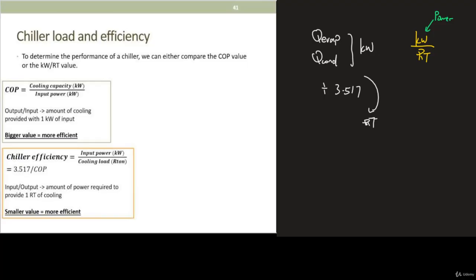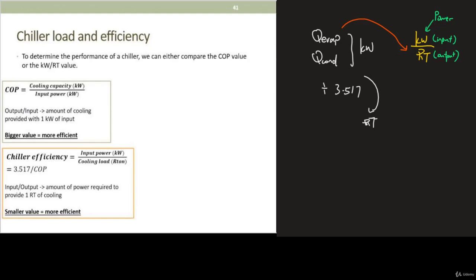You can interpret this as input over output. This is your power input, which is W in, over the amount of cooling you provide, which is Q evap. But your Q evap is not in kilowatts, it's in terms of RT. So that's the relationship between these three.